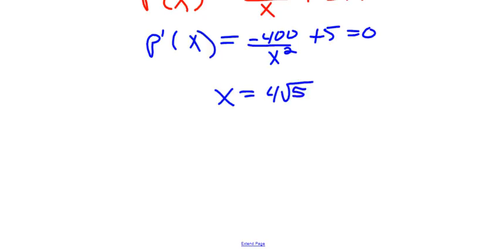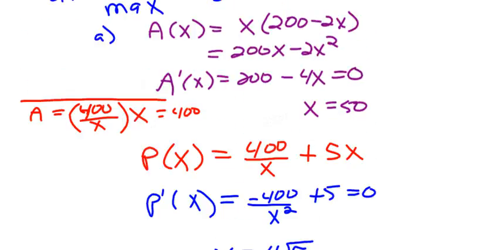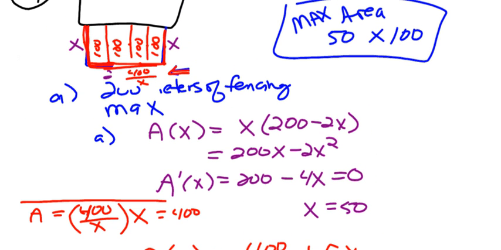So from there, remember, they wanted to know what size would these pens be? What are the dimensions of each pen that minimize the amount of fencing? So this would be the minimized amount of fencing for the x. So this would be 4 square root of 5.